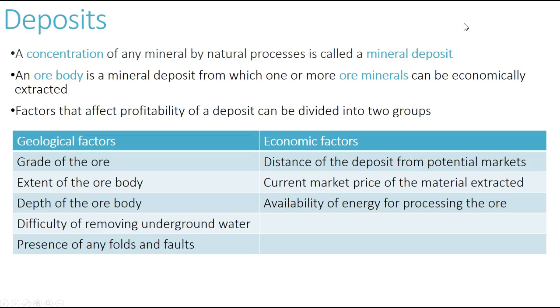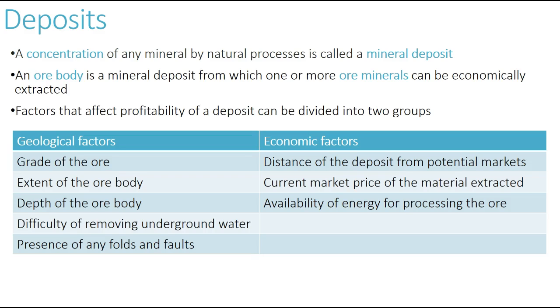Okay, so when we talk about a mineral deposit, that is a concentration of a mineral by natural processes. Now, an ore body is a mineral deposit where one or more ore minerals can be economically extracted. So the key word there is economically extracted.